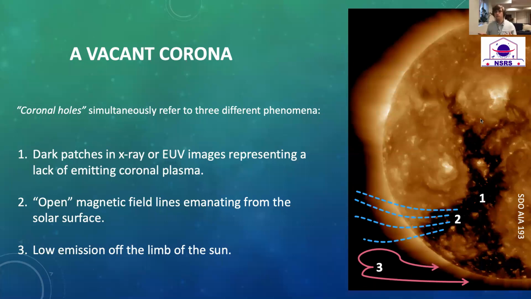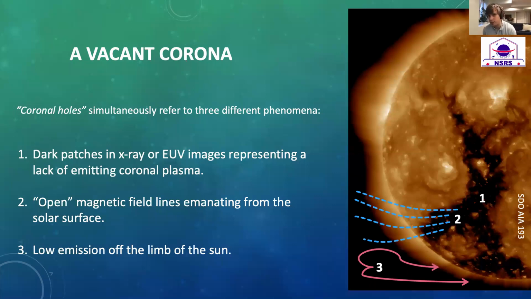The first definition of coronal holes is exactly what I just showed you: large dark patches on the sun. That's what you see here on the image on the right, this large dark patch in the solar corona. That's termed a coronal hole. It's a lack of plasma, and you can see it in X-ray or extreme ultraviolet.